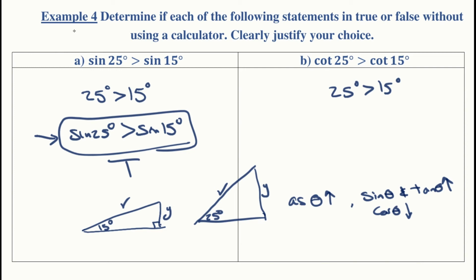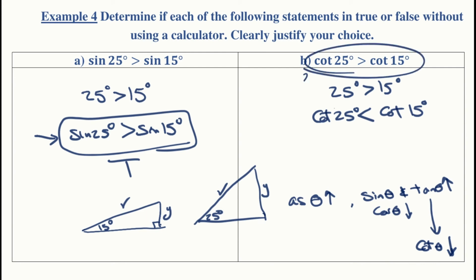Now, since tan theta is increasing, this implies that cotangent of theta should be decreasing, right? So if the angle is moving from 15 degrees to 25 degrees, we expect the cotangent of the larger angle, 25 degrees, to be less than the cotangent of the smaller angle, 15 degrees. So therefore, this statement is false. So that's the kind of reasoning that you want to do in a problem like this.